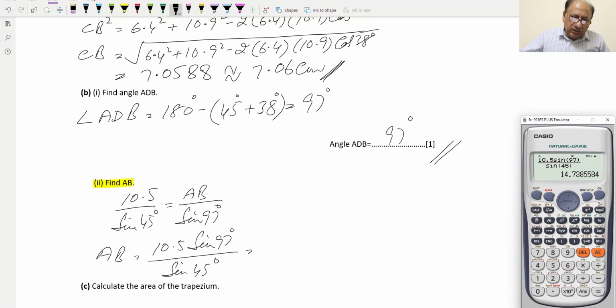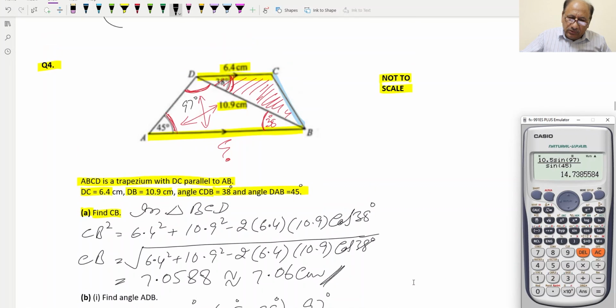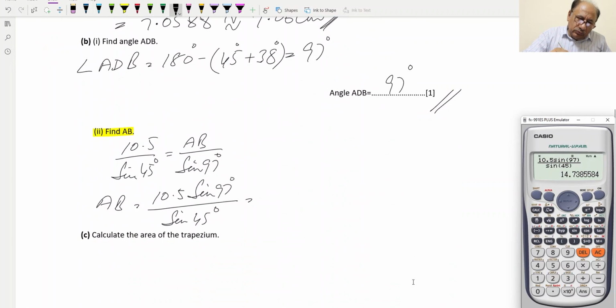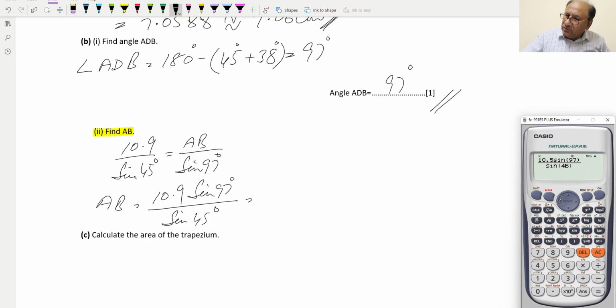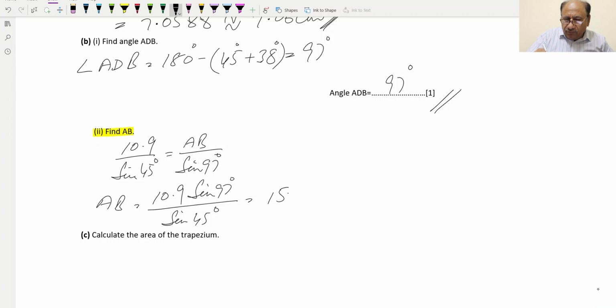It's not 10.5, it's 10.9. And if we change here to 10.9, we will get 15.3. So our answer will be 15.3 centimeters, because the rest of the calculations are in centimeters.